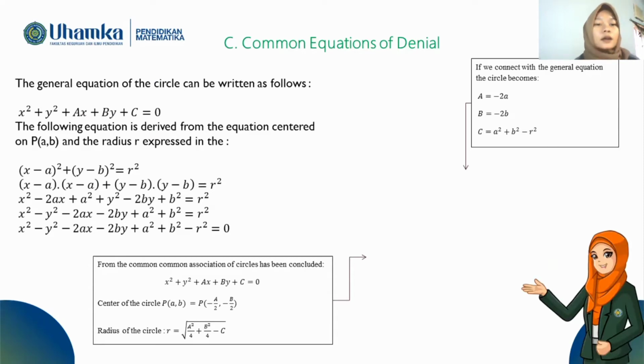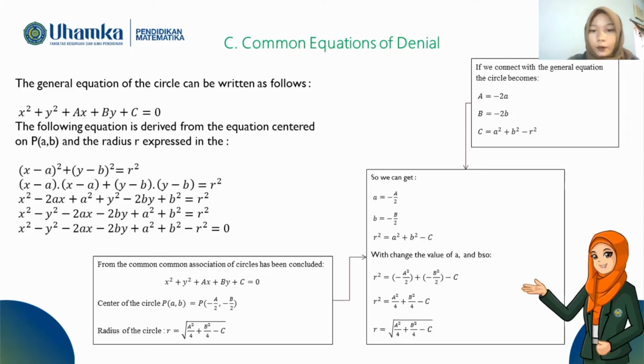So the equation is x squared plus y squared minus 2ax minus 2by plus a squared plus b squared minus r squared equals 0. We can get a equals minus A over 2, b equals minus B over 2, r squared equals a squared plus b squared minus c.